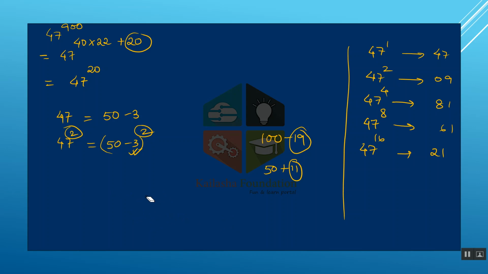If m can be written as 100 plus or minus l, or 50 plus or minus n, then m raised to an even power, l raised to an even power, n raised to an even power, last two digits will be the same.